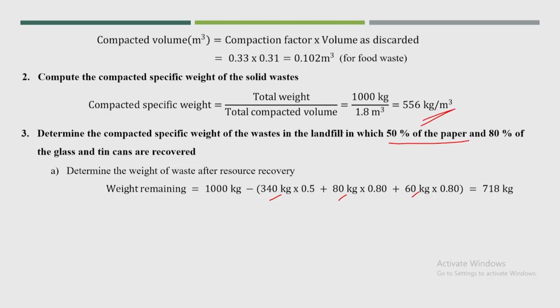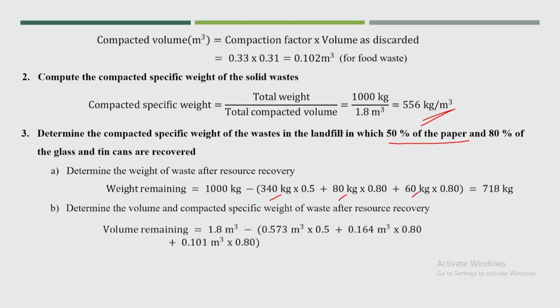Likewise we multiplied each value, and the remaining weight is 780. Earlier the weight was 1000, and after 50% of paper and 80% of glass and tin are recovered, 718 kg will remain.